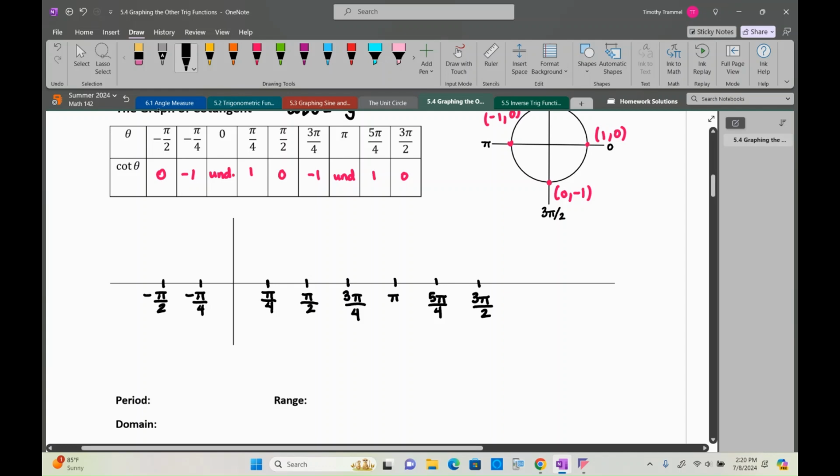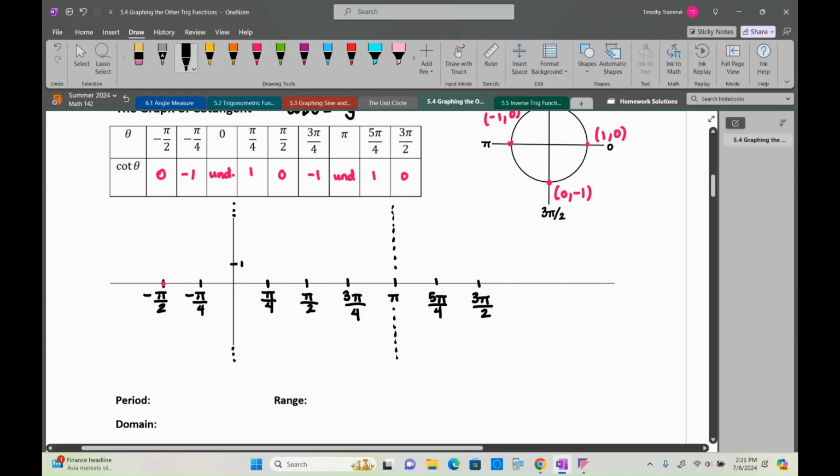So once again, at the undefineds, we're going to put in some dotted lines to just let us know that there are some vertical asymptotes there. So we have 0. What else do we have at pi? There we go. And then let's plot the values we have. So we have 0. We have -1. So I need to label my y-axis.